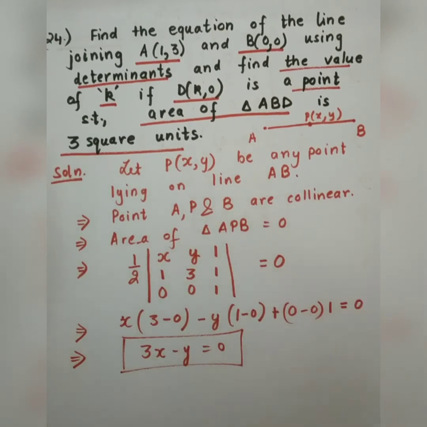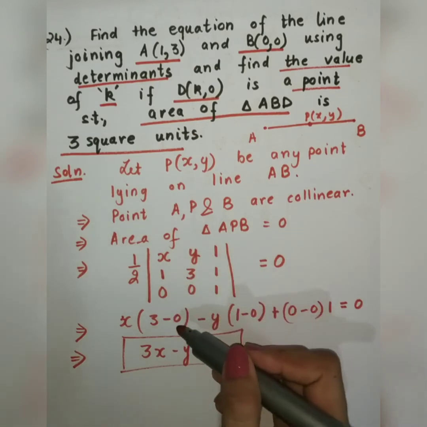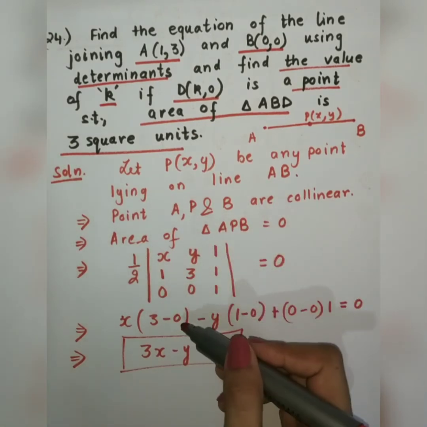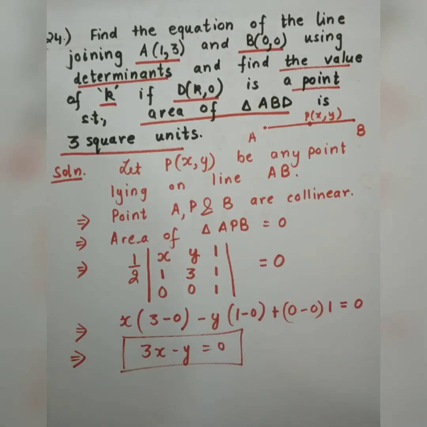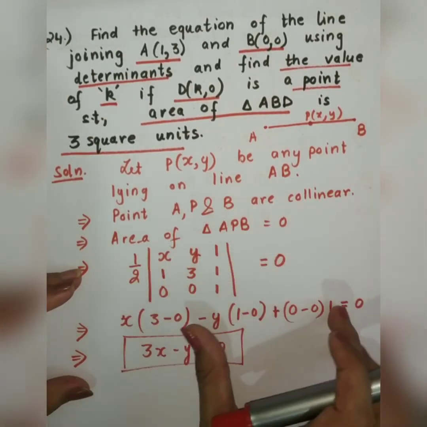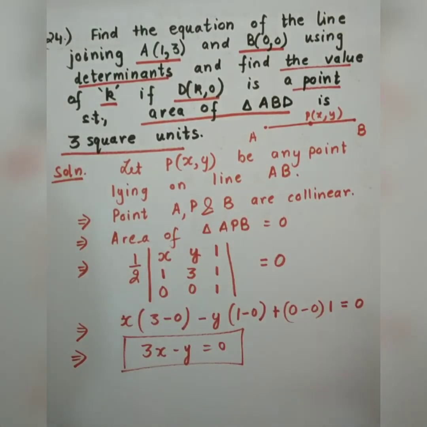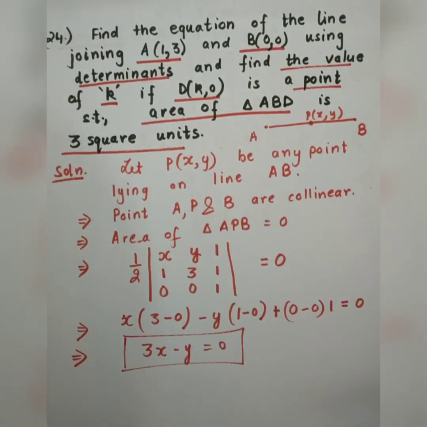I've already told you it's very simple to learn. Take half of the determinant, write all the x coordinates in column 1, all the y coordinates in column 2, and write 1 1 1 in column 3, and equate it to the given area if you are given the area. If you are given that the three points are collinear, then equate the area to 0. If you simply have to find the area, expand this determinant and find its value.